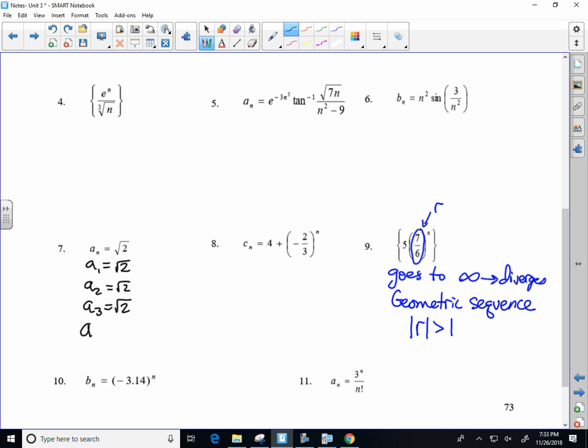So a sub n, the nth term of the sequence, fun fact, they were kind of trying to tell us that from the beginning, is radical 2. So this one's kind of a gift in disguise. This converges to radical 2. And the fact of the matter is, it was already converged. It's a horizontal line at radical 2. Doesn't matter how far out you go, it's still going to be at radical 2.